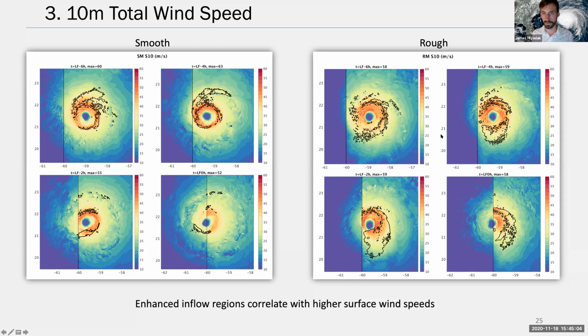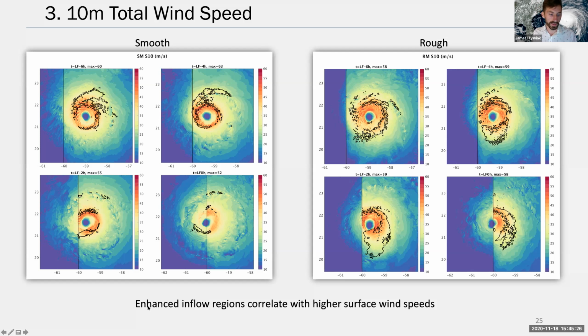Conversely, for the rough case, we see the same enhancement in the inflow within the offshore flow, but again, the inflow region is much larger, and we actually see that the maximum intensities, defined by a single point in the storm, remain pretty consistent throughout the 6 hours before landfall.